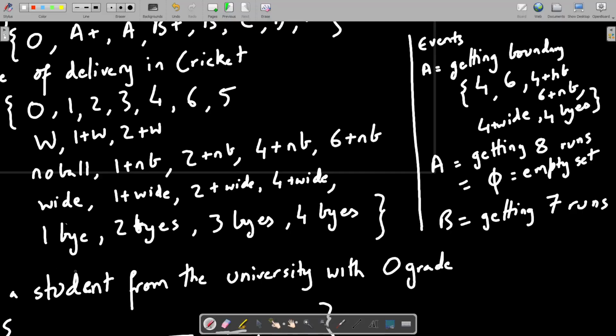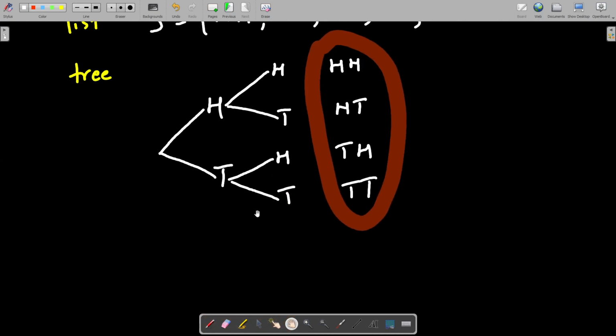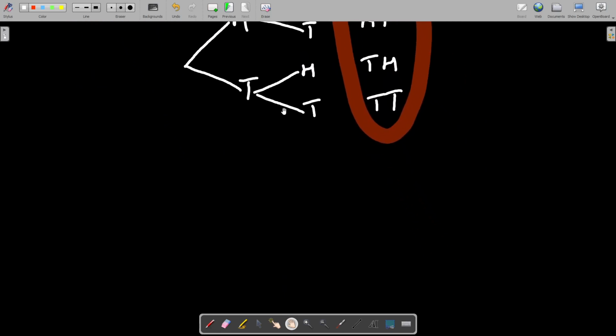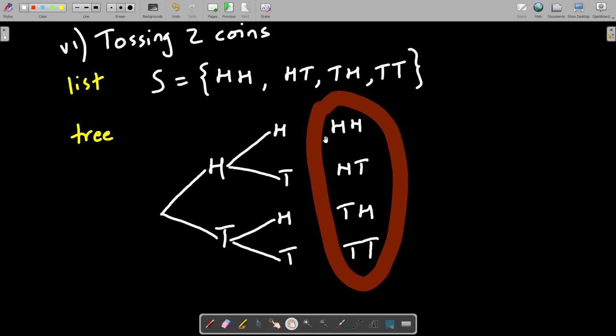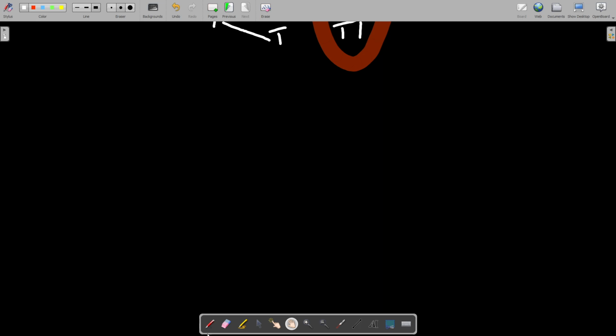I told you all about drawing trees, right? Now, rolling 2 dice. What are the possibilities here?